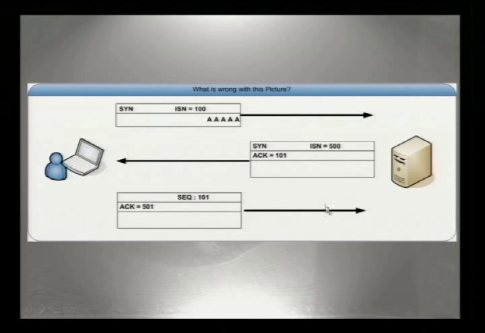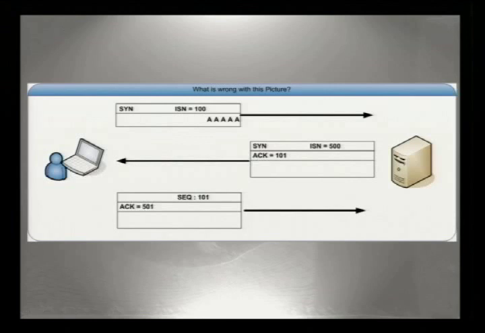Now clearly this is incorrect. Your receiver doesn't just add 1 to the sequence number. The receiver adds the number of bytes of data that he received in the payload to the sequence number, sending it back to the sender.